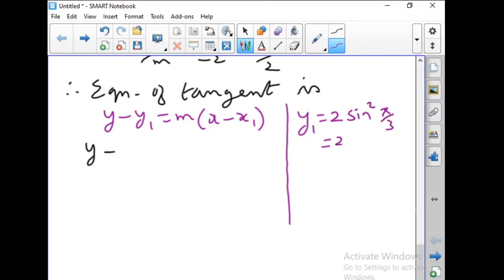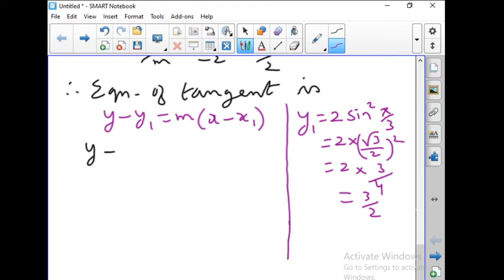So it is equal to 2 into sin 60 whole square. Sin 60 is root 3 by 2, so the whole square gives 2 into 3 by 4, which is equal to 3 by 2. Okay. And what about x1?